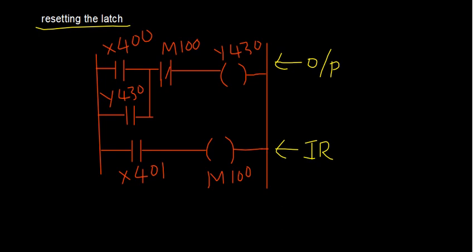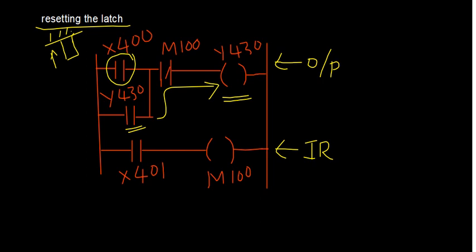So your output, whatever you have here, let us say Y430, one of the coils associated with this output is energized here, even though this push button switch is momentarily pushed and taken back. Even though this gets opened, you will have continuity here. So this is the meaning of latch.